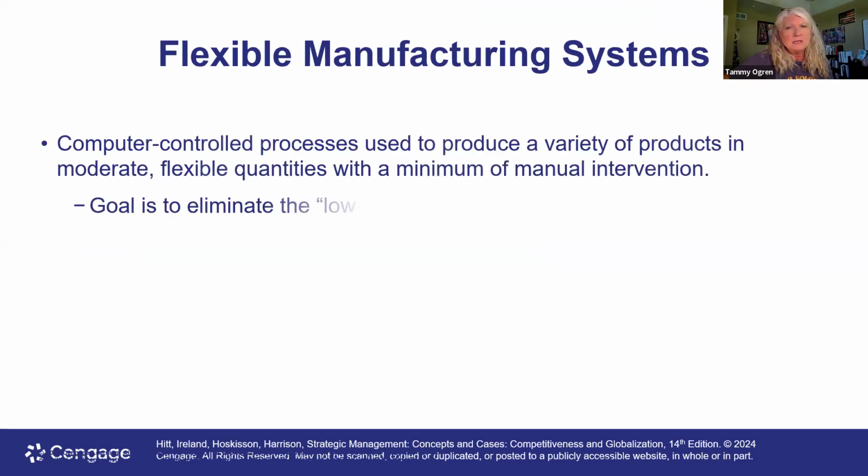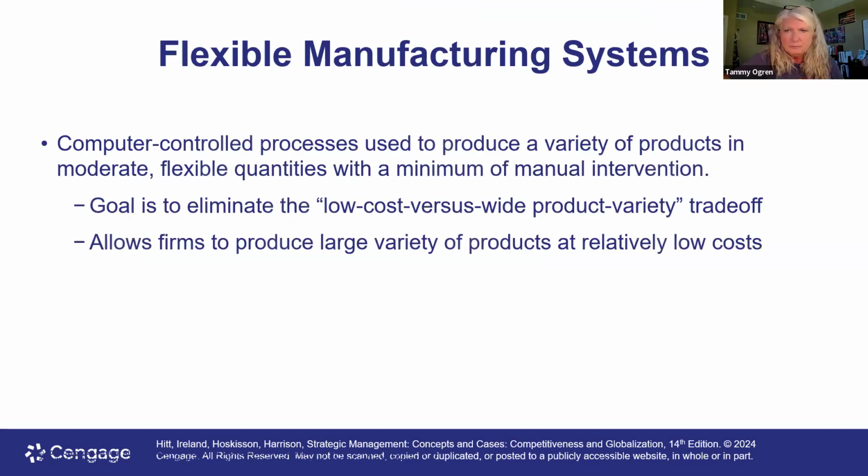What that means is I can apply a flexible manufacturing system, which is computer code processing, in order to eliminate the tradeoff of low cost versus wide product variety. I've seen this in printing, where we went from the old days of printing and then personalizing a mail piece. Then we started seeing where we could do it inline, because technology changed it.